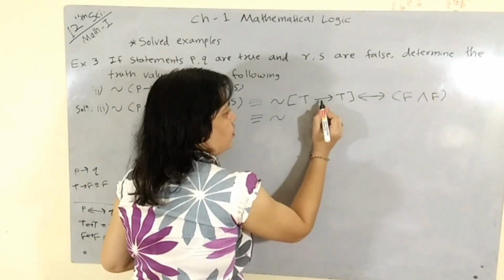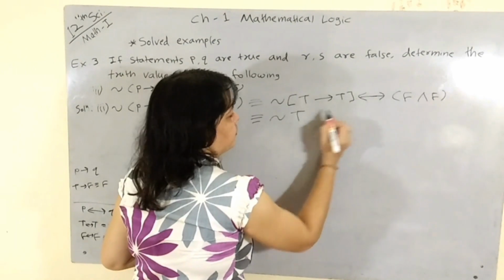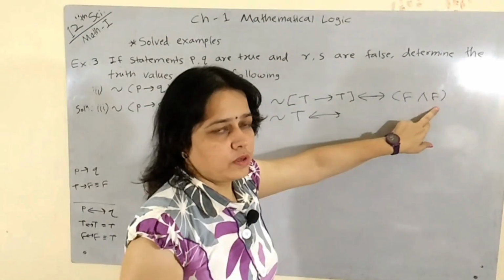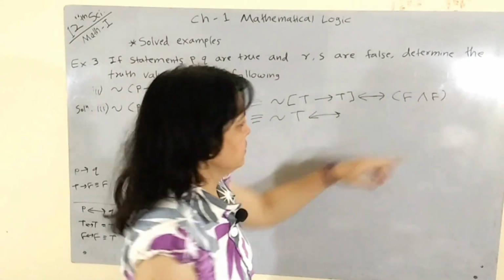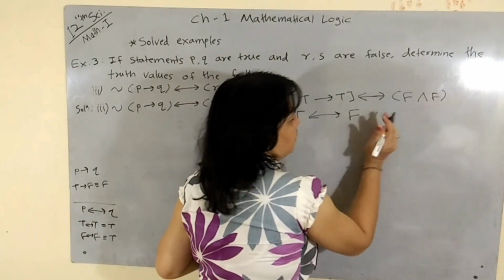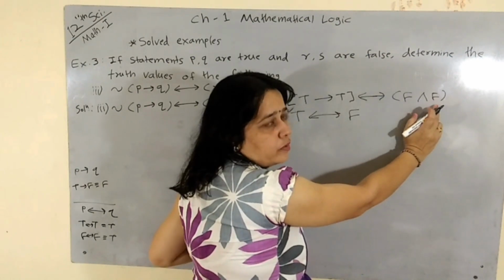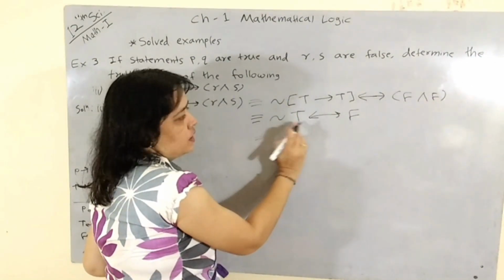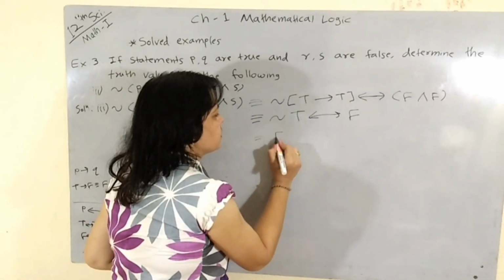Therefore, negation of its value is false. Double implication, for false and false, we know that it is true, because it is true when both have the same truth value. Therefore, negation of truth is false.